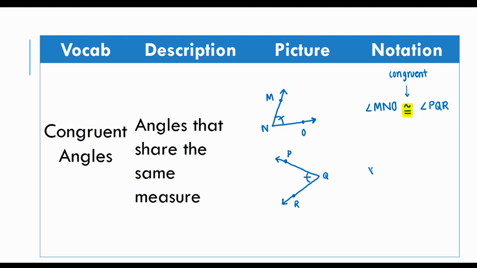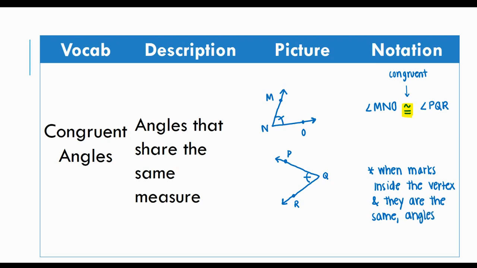So when there are marks inside the vertex and they are the same, then we know that the angles are congruent.